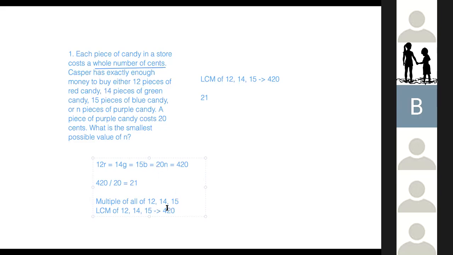So if you take the LCM, the next multiple of this LCM would be 840, and then 42 would be the next n. Good. But yeah, any multiple of 420 works for the total, and then you could compute the cost of each candy based on that. Any questions on this? Okay, let's move on to the second question.